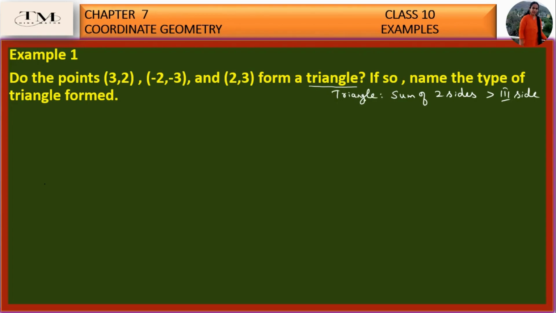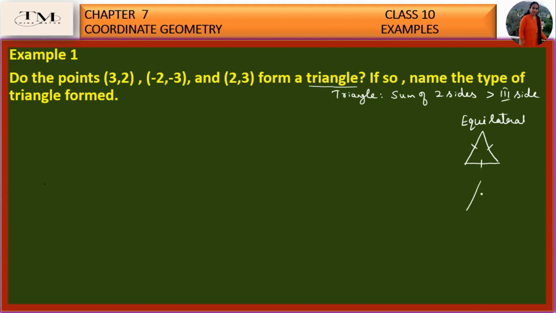Next, if it is a triangle, we have to find out the type of triangle. We know that there are three types of triangle. Equilateral: what do we mean by an equilateral triangle? All sides will be equal.